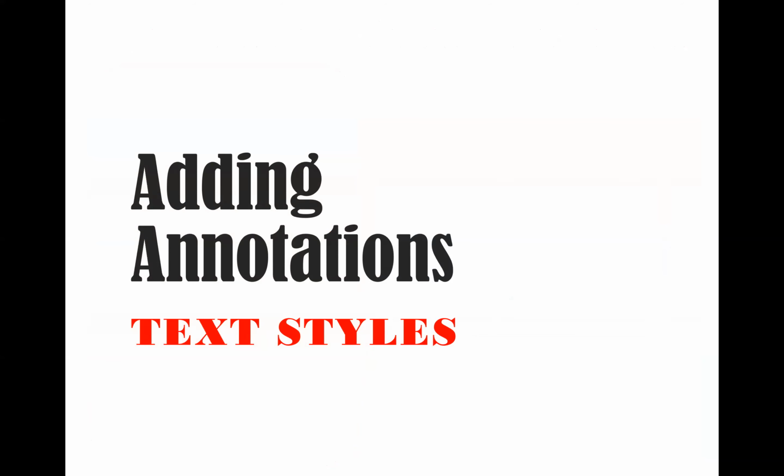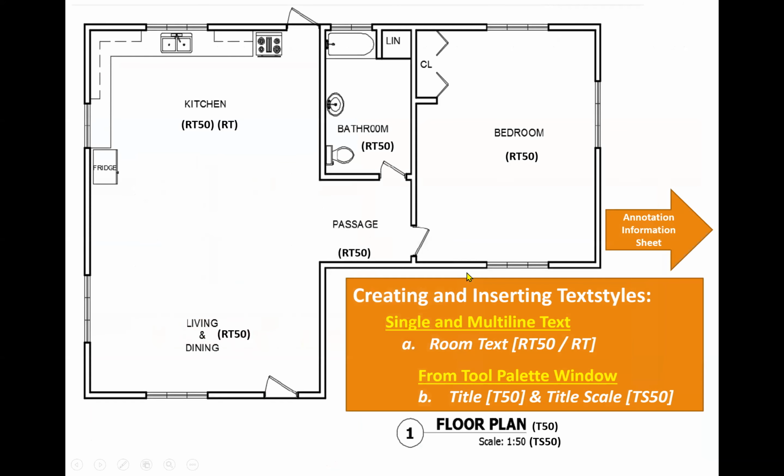Adding annotations. Now, the first set of annotations that we will start with is text. We're going to do dimensions afterwards. So in the drawing, we're going to have some room text for like kitchen, bathroom, bedroom, living room, and so on and so forth.